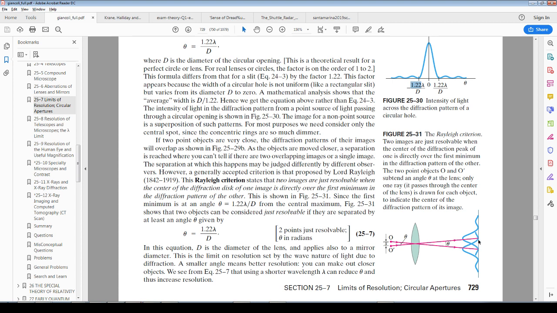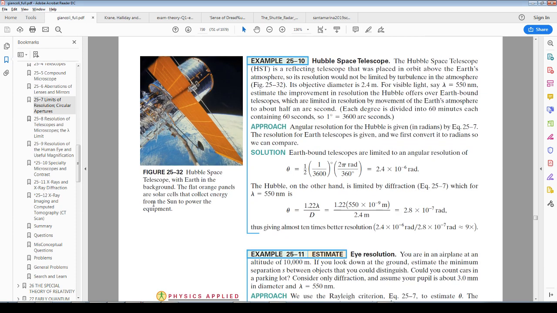Otherwise, our eyes cannot tell the difference. Same thing for cameras.